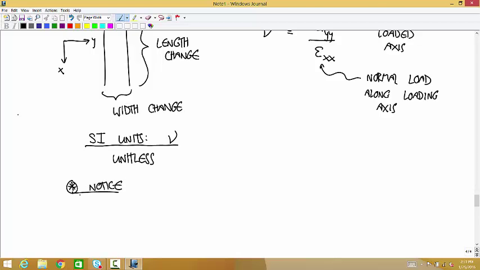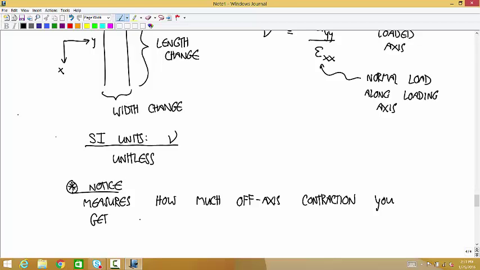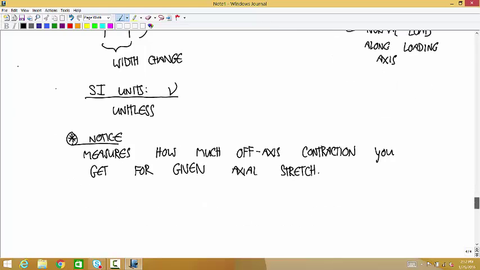And to make sense out of what the Poisson's ratio is, it measures how much off-axis contraction you get for a given axial stretch. Let me put one more thing in here.